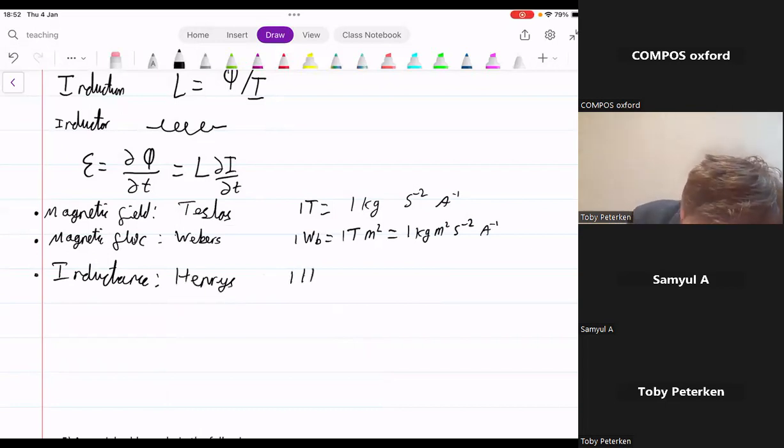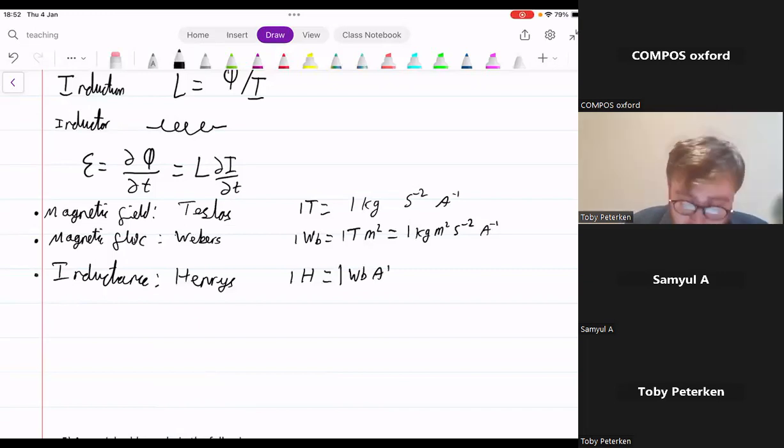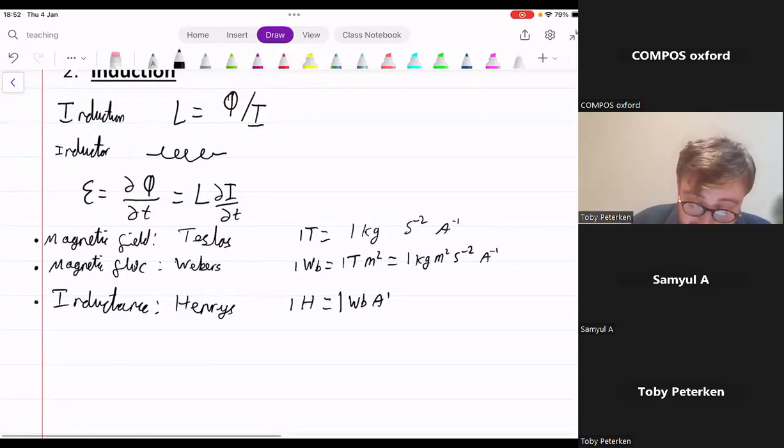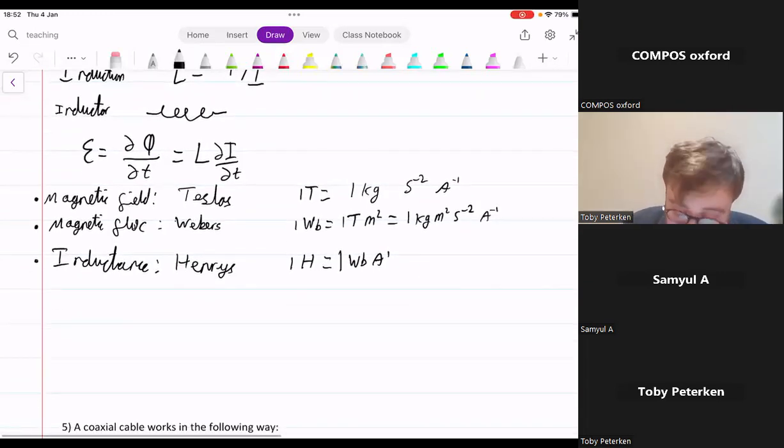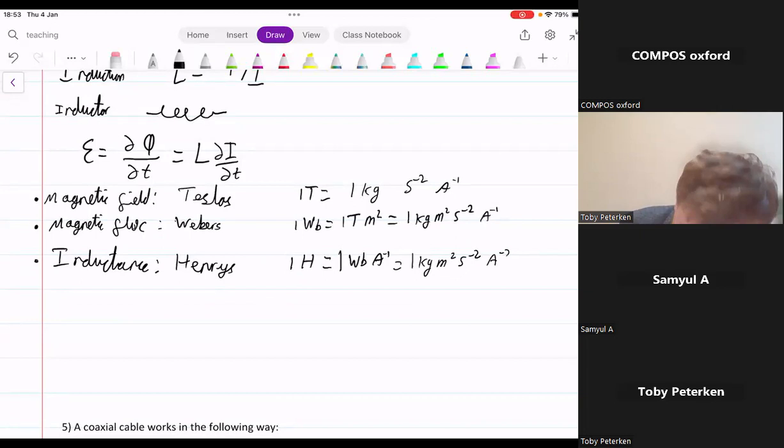And 1 henry is equal to 1 Weber amp to the minus 1, because it's flux divided by current. And that is equal to 1 kilogram meters squared, second to the minus 2, amps to the minus 2. So that's the units.